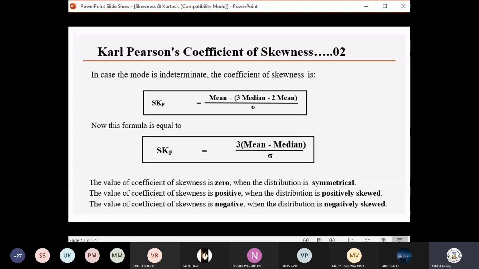Mean is equal to 35, median equal to 41, and variance is equal to 49.